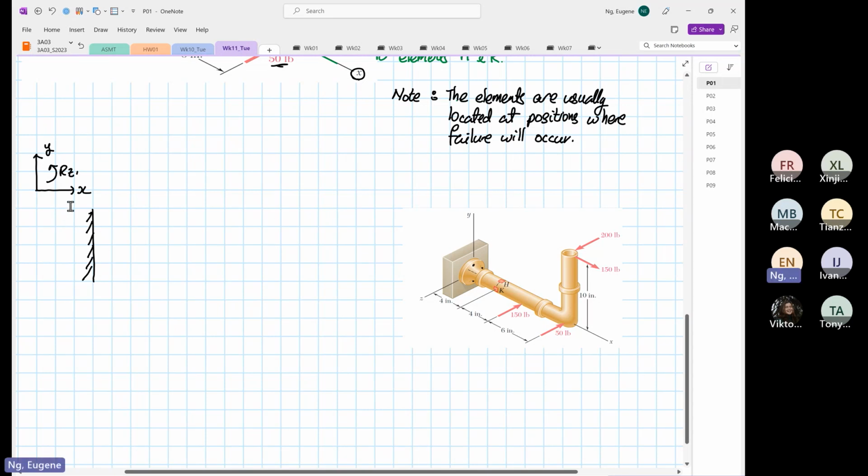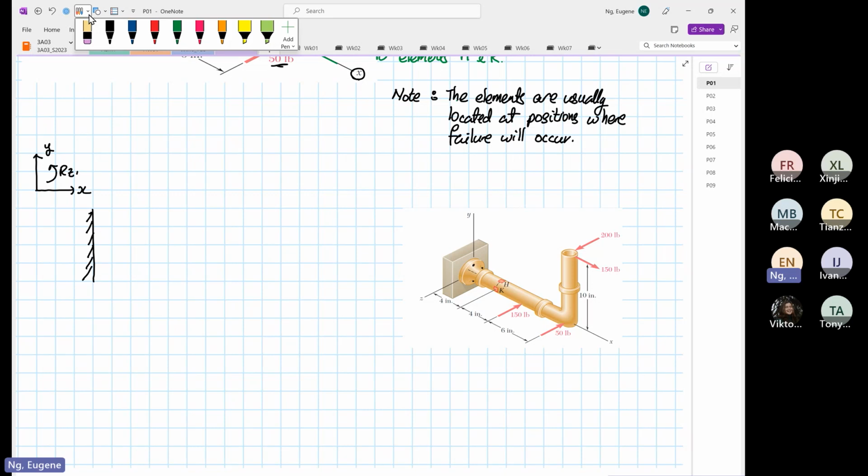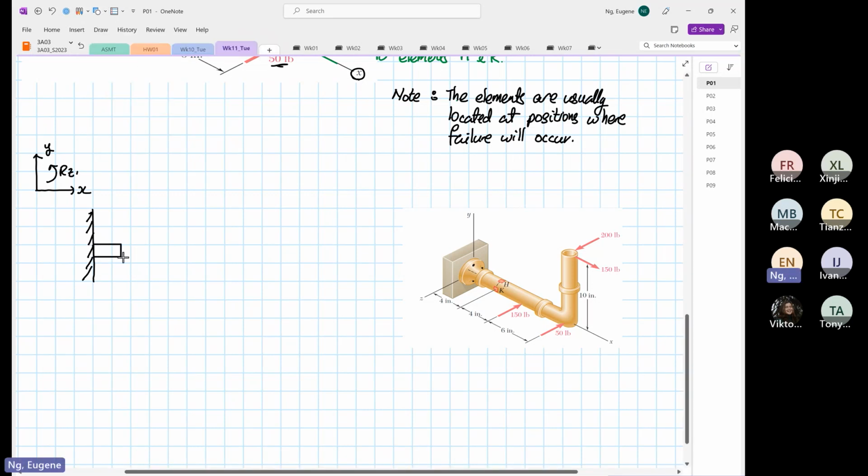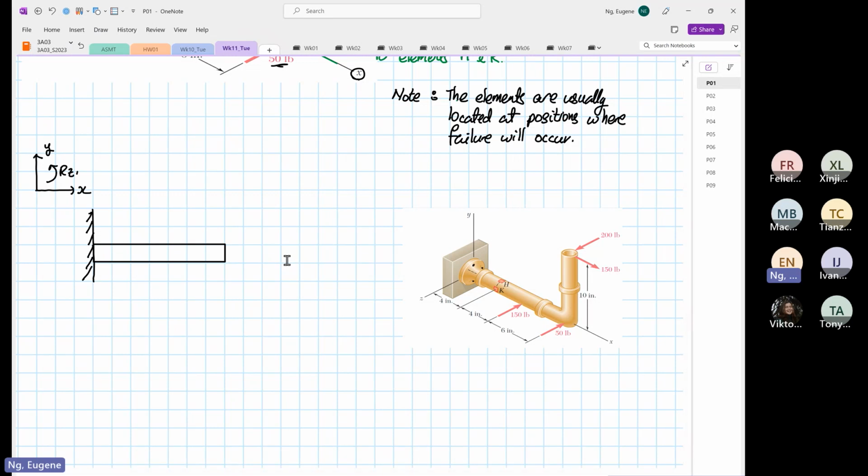So we have this 2, 4. This is our end over here, and then you have to draw your elements, where the element is.